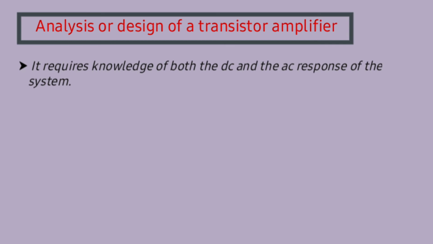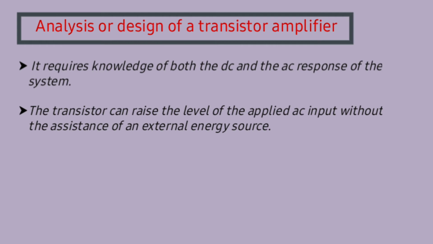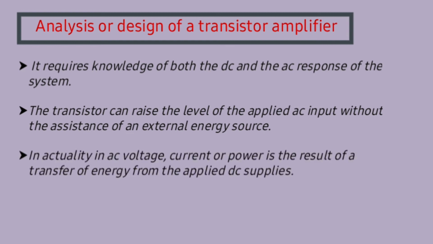The analysis or design of a transistor amplifier requires knowledge of both the DC and the AC response of the system. The transistor can raise the level of the applied AC input without the assistance of any external energy source.